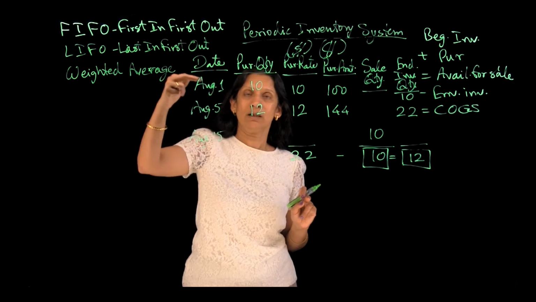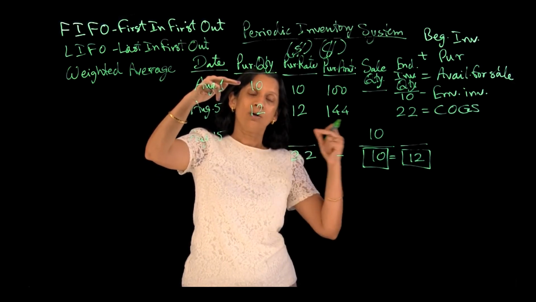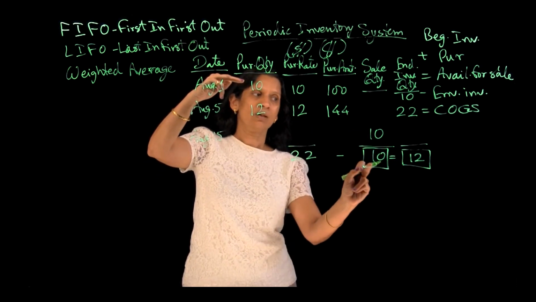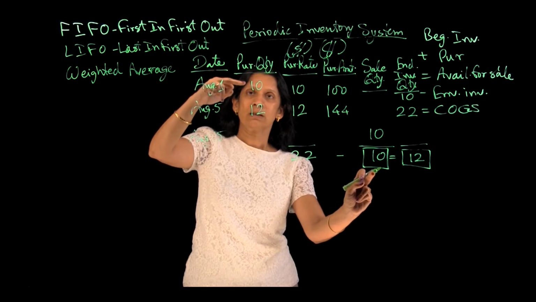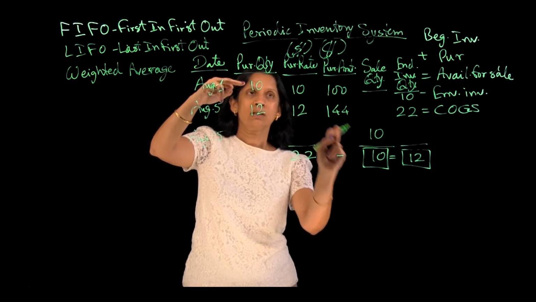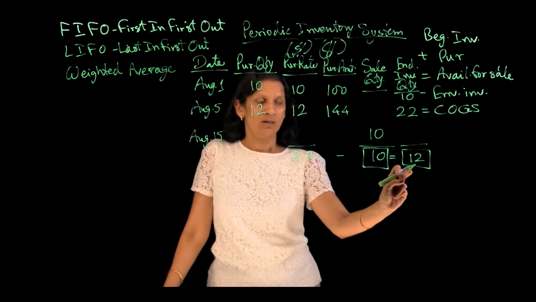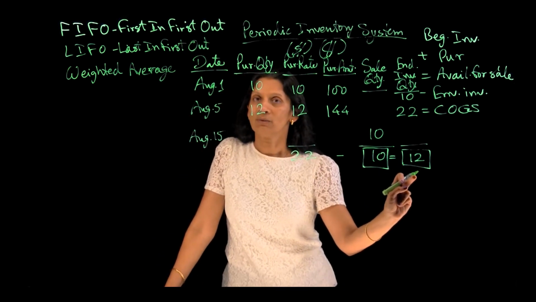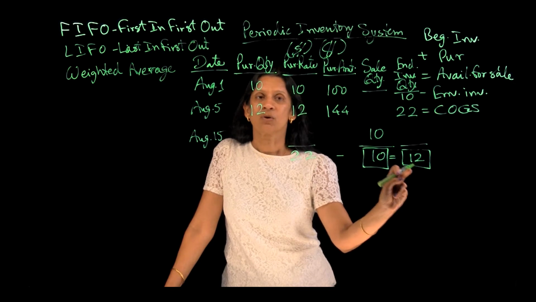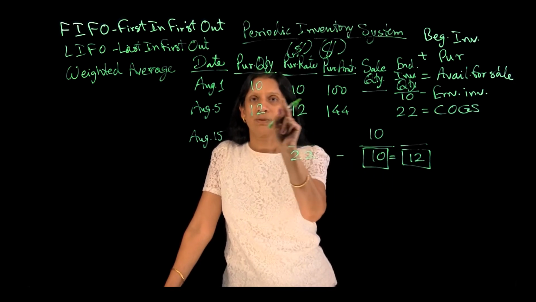Whatever came in first has gone out first. So when I sold 10 units, those 10 units are from my beginning inventory. And so that's why whatever is remaining in my warehouse is from my latest purchases.